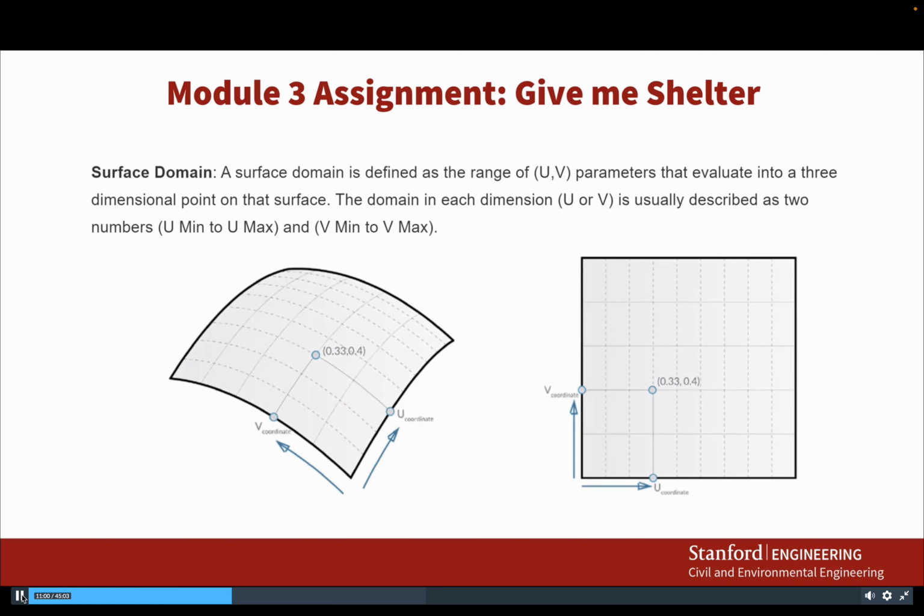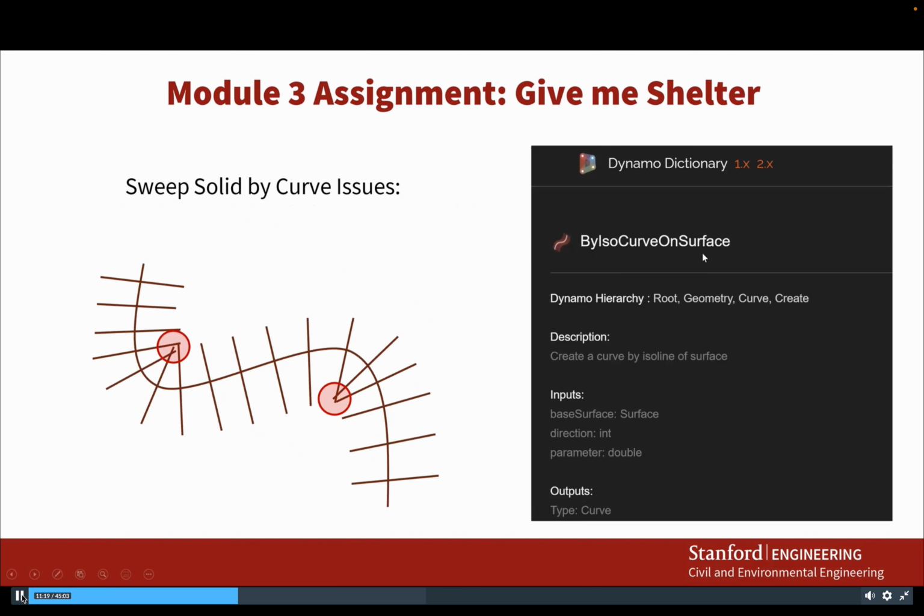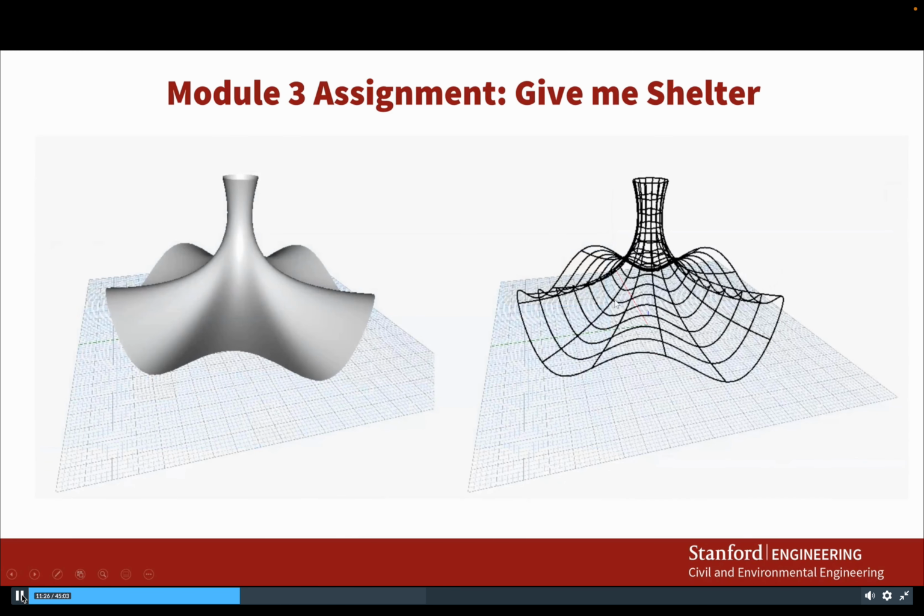So you can get the isocurve along this curvy plane. The isocurve around the V coordinates would be this one, any of these lines. And the isocurves around the U coordinates would be this line. So by using this node of isocurve on surface, you would get smoother curves that will still represent your geometry.